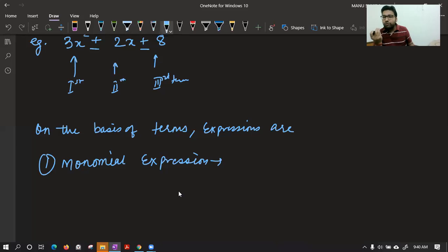Very good, Bani. Others, please try. If I say a monomial expression is given to you, what will you say? How many terms are there? Only one term. Ekta, only one term. Because you must have heard of that monorail in Mumbai. Mono means single. You must have heard that term monotonous. I'm not enjoying this because it is monotonous.